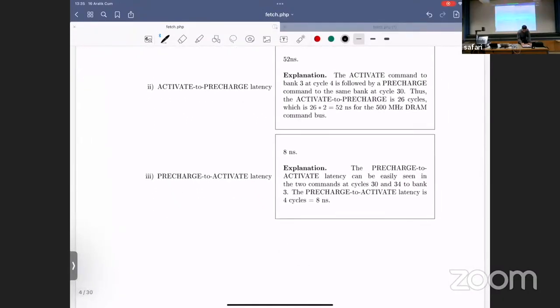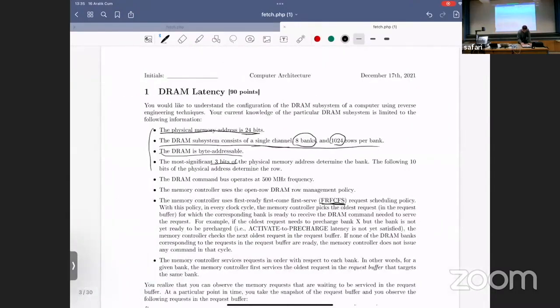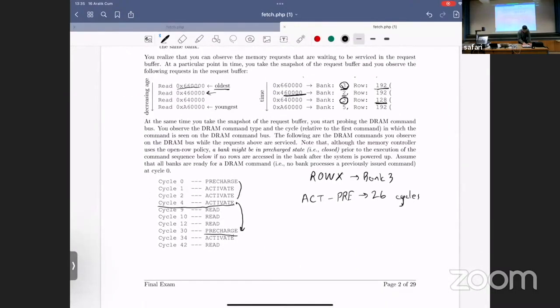And finally, we have pre-charge to activate. And for that, you can look at these two, the difference between these two commands, and that is 4 cycles, because we pre-charge the first bank. And then, there are two things to look at to understand this. The first one is the difference between these two commands, the pre-charge at cycle 0 and the activate at cycle 4.